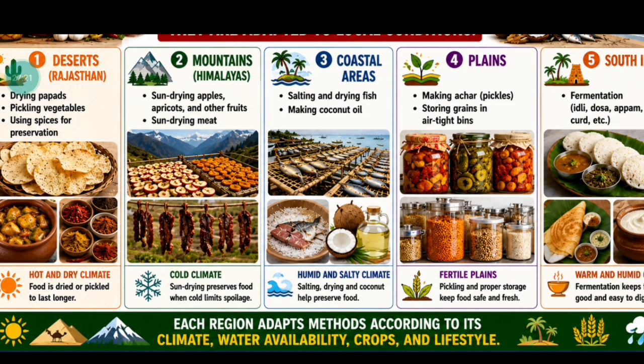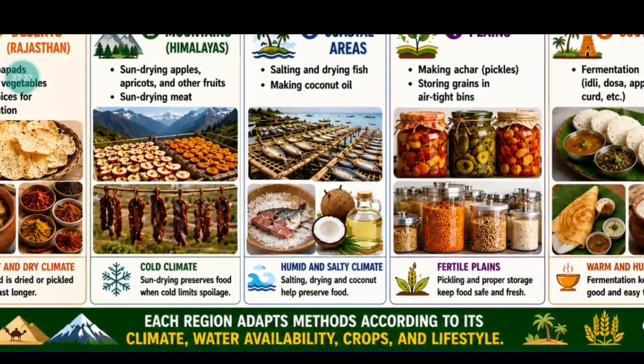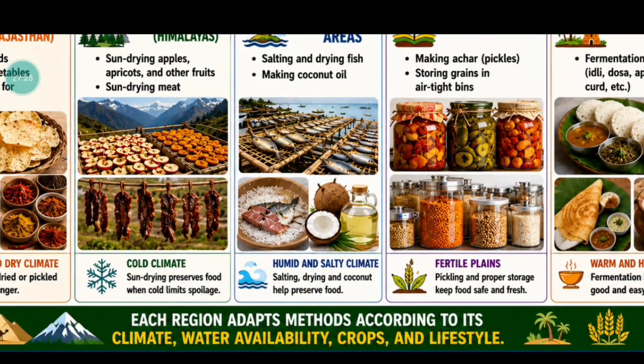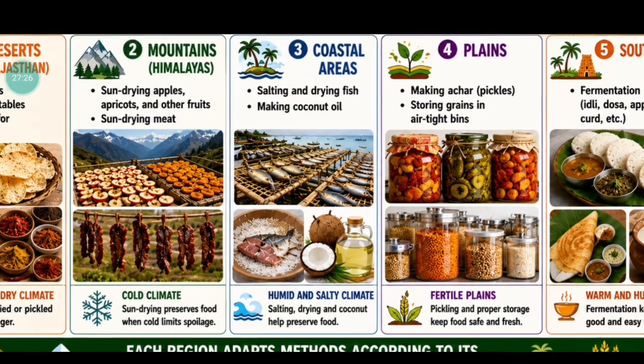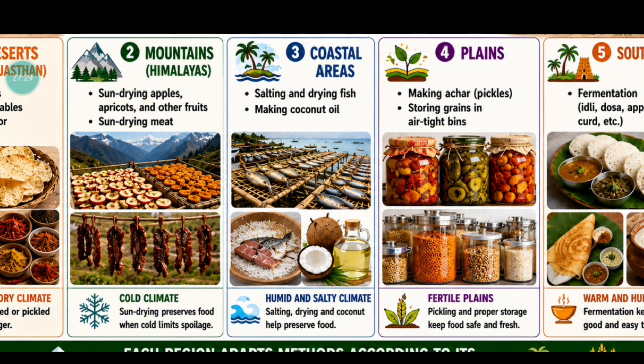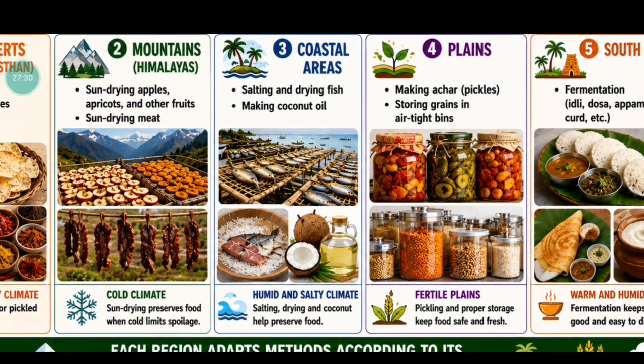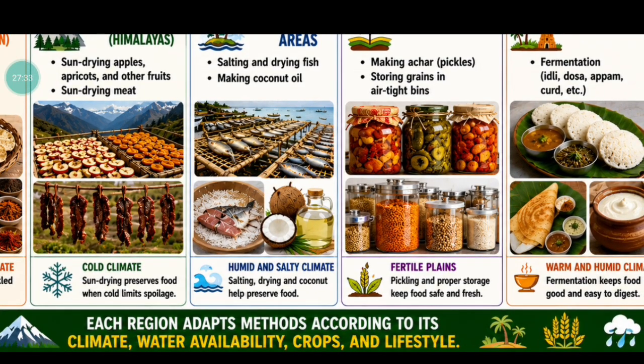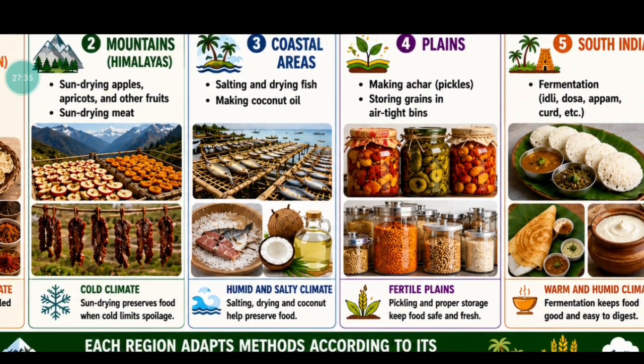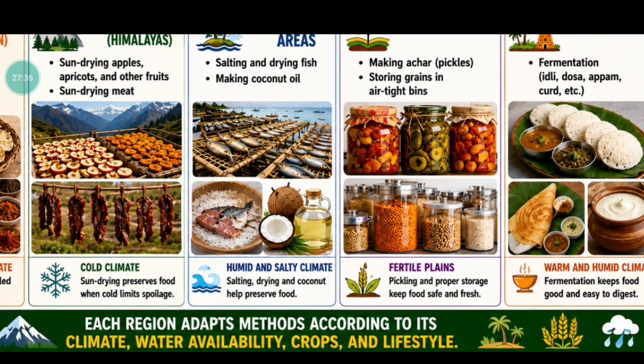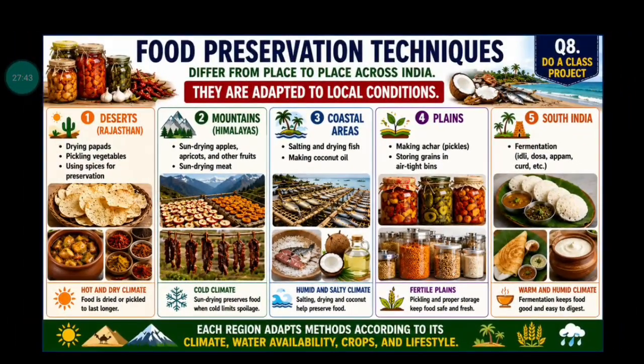In coastal areas there is salting and drying, and making coconut oil. In plain areas there is pickling, and storage of food grains in the fertile plains. Next is South India. There is a warm and humid climate, so fermentation keeps food good and easy to digest. These are the techniques these people follow, right children?